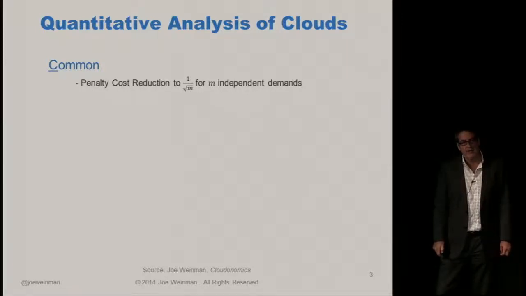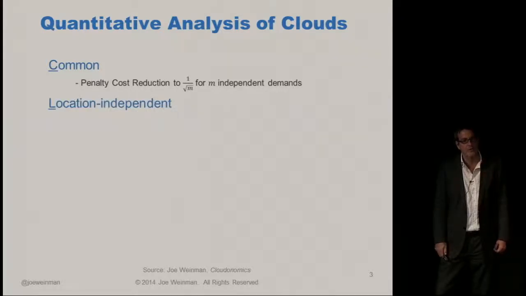The second attribute I would claim of the cloud is that it's location independent. In other words, unlike an enterprise data center, which you know where it is, as long as the cloud service meets the response time objectives of the application, the actual location doesn't matter.